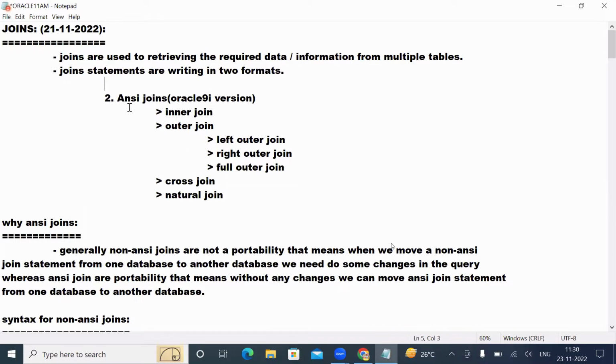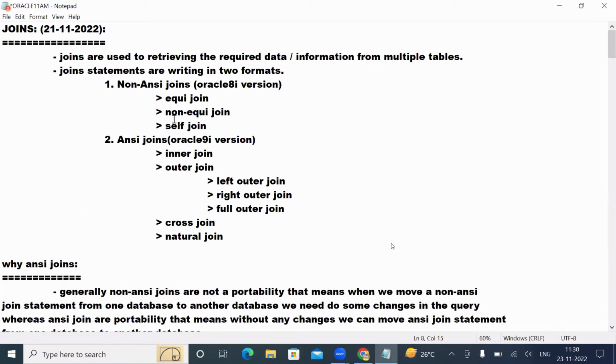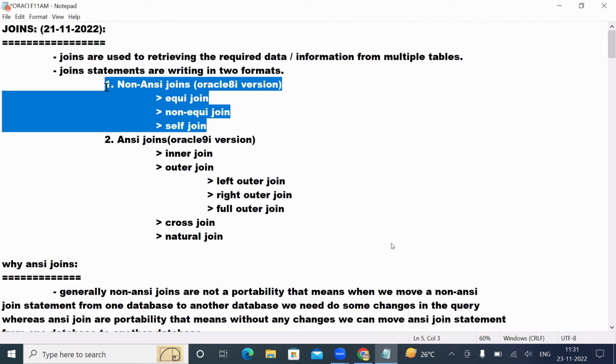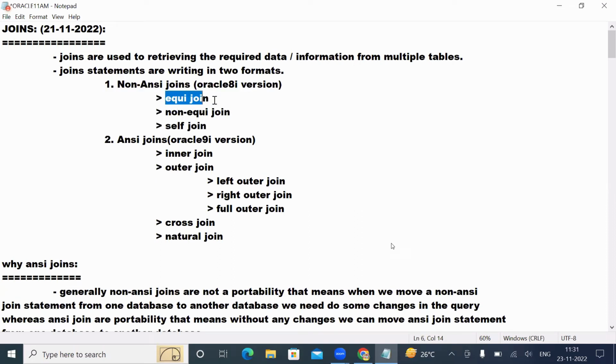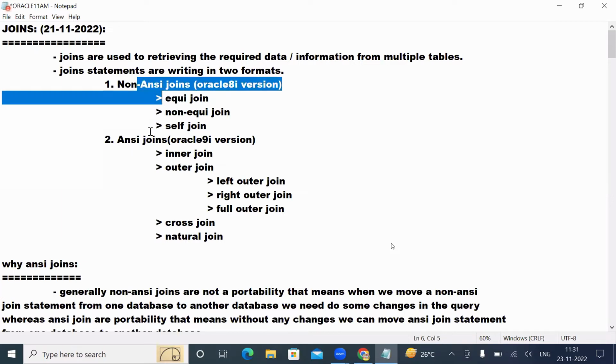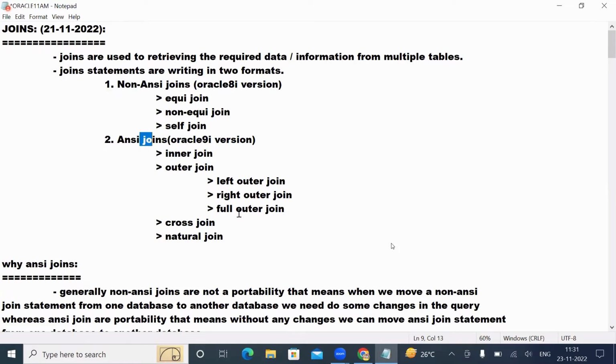But here, with my students, my intention is that you should have in-depth knowledge. You should know what equijoin is in non-ANSI and ANSI, and how to write it in both; we need complete knowledge.